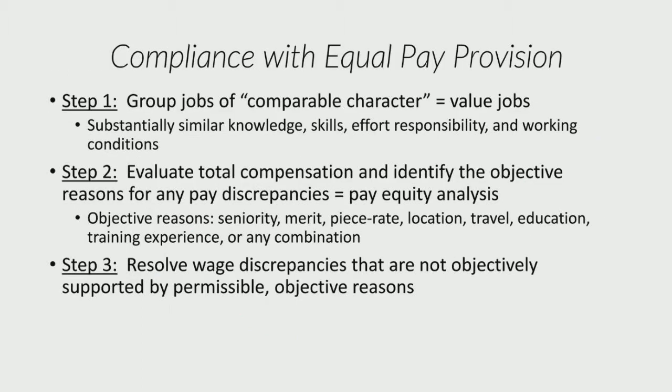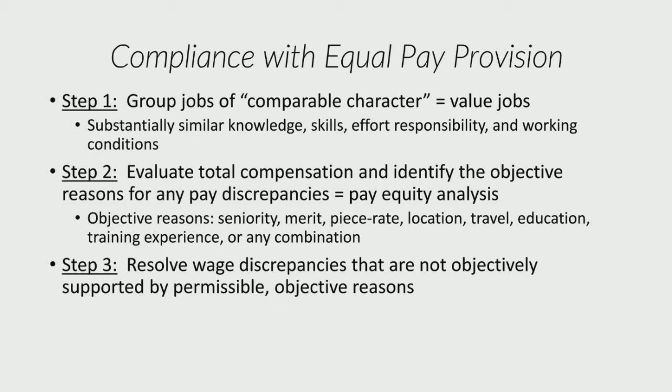So to comply with this new law, there's 3 different steps. First, it's grouping jobs of comparable character, and that goes back to that knowledge, skills, effort, responsibility. Number 2 is evaluating what is the total compensation that this employee is receiving, and then identify any objective reasons if somebody that's performing work of comparable character, if there's a difference.